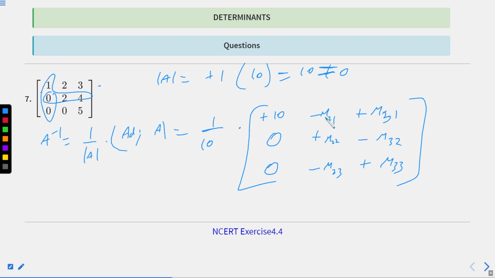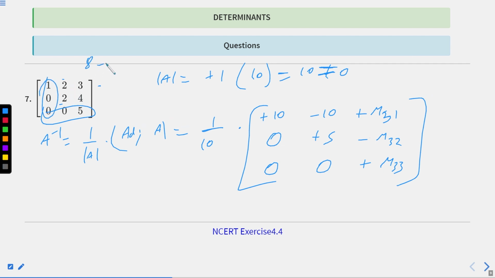Now 10, minus of 10. Now 2 2, eliminate these. So 5. Now eliminate second row, third column. That gives 0. Clear? Now third row, first column.